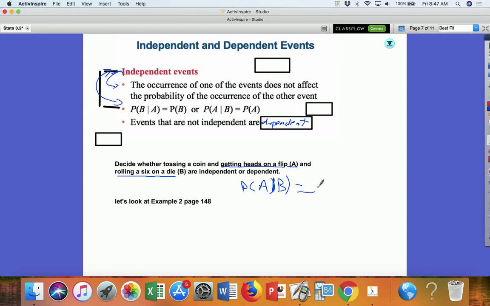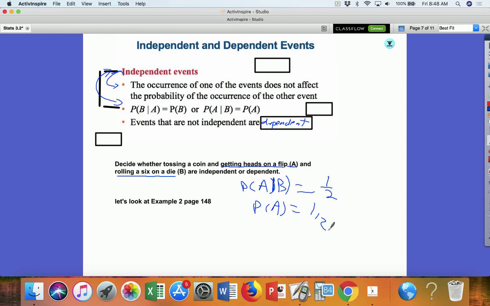What's the probability of getting heads? If I jump up and down, or if I slide sideways, or I rolled a 6, it doesn't really matter what the probability of the coin coming up is, right? So this is 1/2, and this is 1/2. So what does this have to do with this? Nothing. It does not affect the chances of it. So event A and event B are independent.